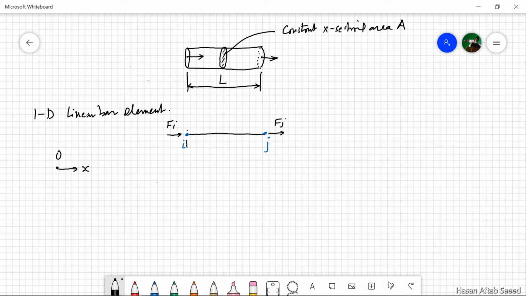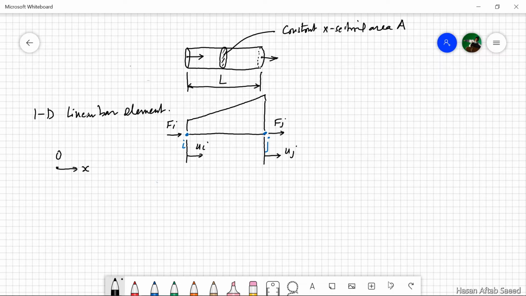Now at node I, the displacement is ui. At node J, the displacement is uj, and for constant cross-sectional area and the element subjected to only end forces, we can be very confident that the distribution is linear.